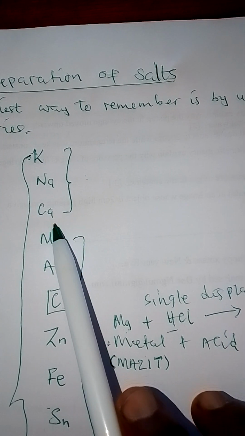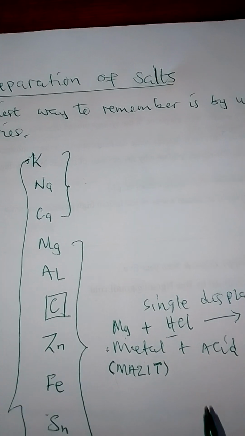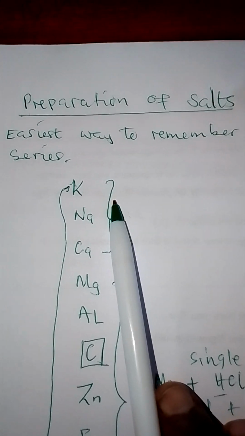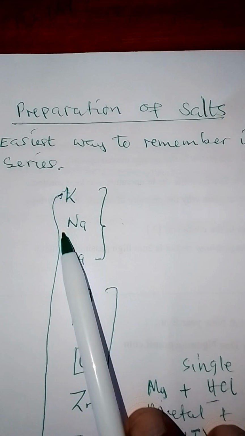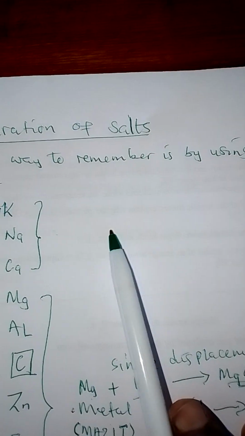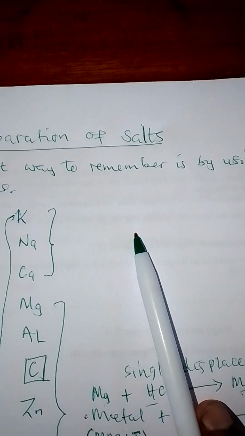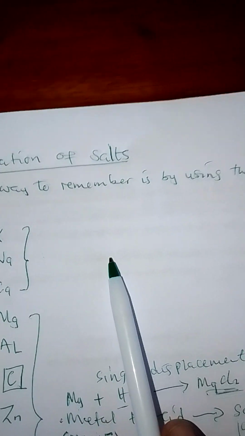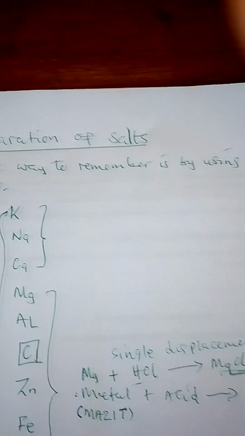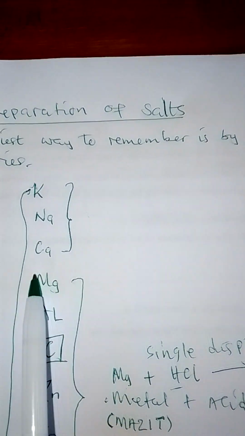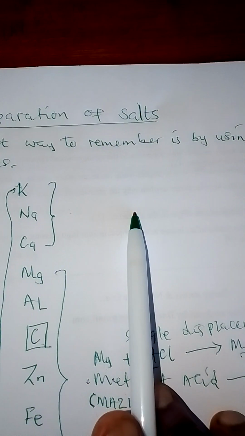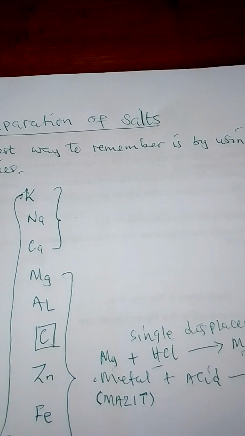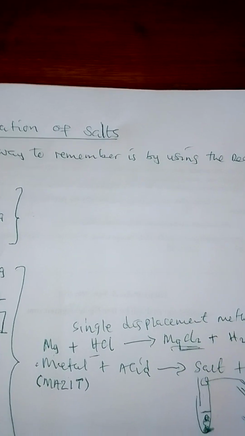If you put potassium or sodium or calcium direct into acid, the key term here is direct. You don't put these direct into acid because the reaction is highly exothermic and explosive, and it can even injure you.